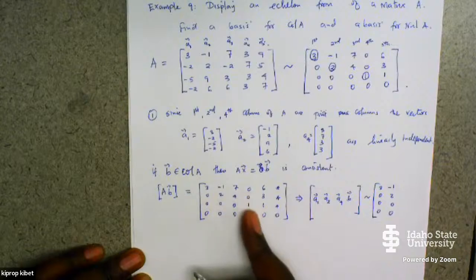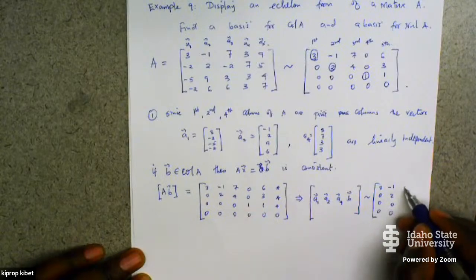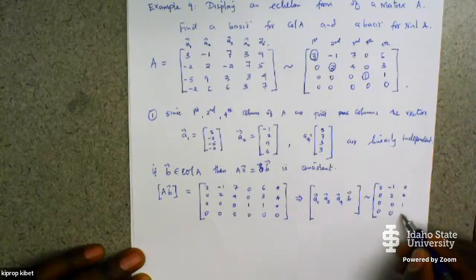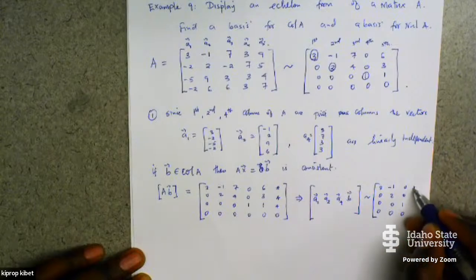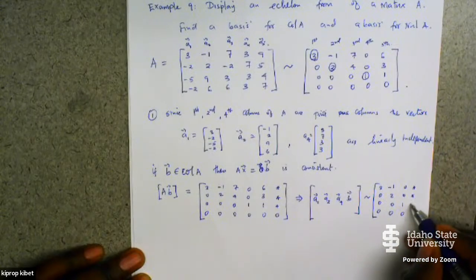And then we have the fourth one, which is 0, 0, 1, 0, and then star, star, star, and 0.